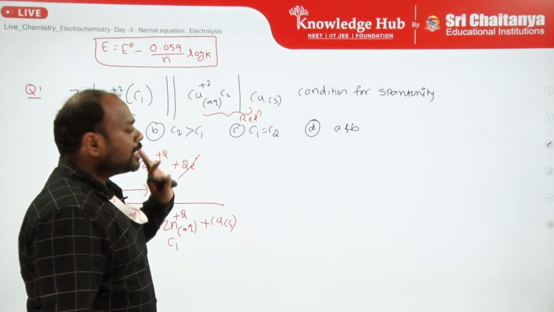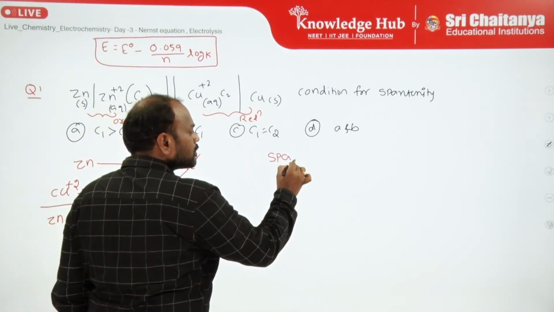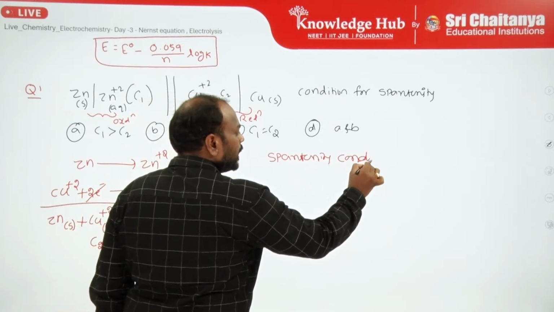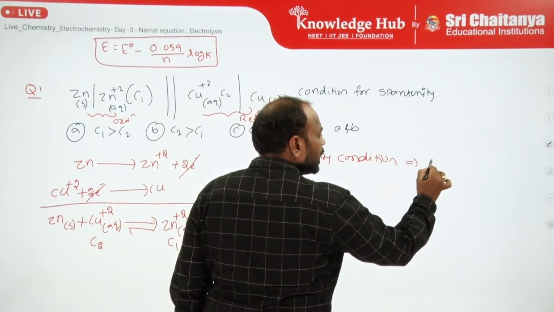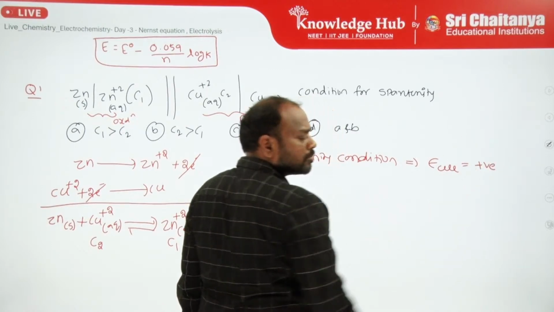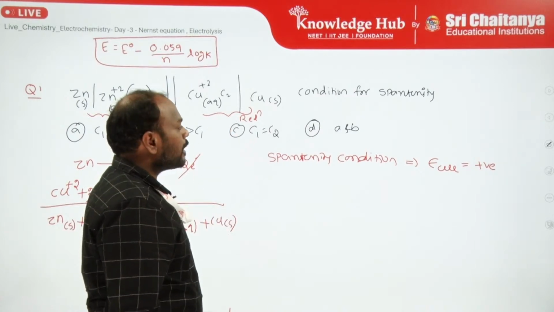Now, what is the spontaneity condition? As we discussed in the last session, the electrode potential of the cell must be a positive value, not negative. To get the positive value, substitute the values.